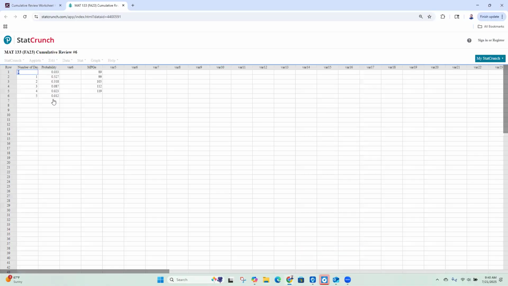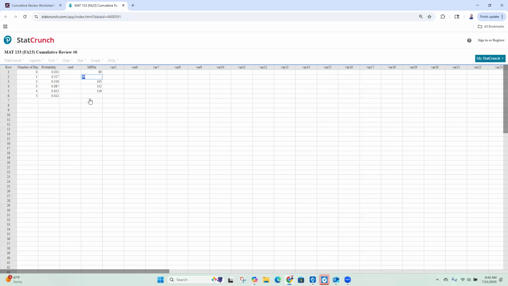Here's my number of days. Here's my probabilities, right? If I was calculating a mean and standard deviation, it depends on what I have. If I have the raw data, for example, this column, MPGE, that's the raw data, so that would be method one.